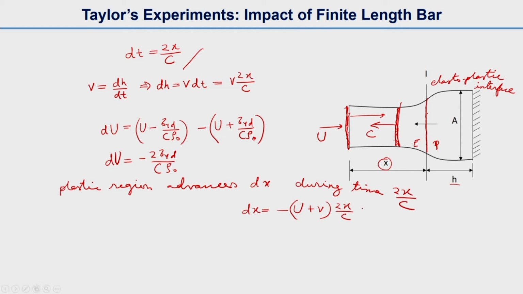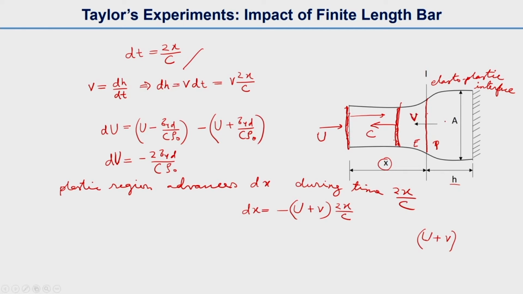How did we get this? We earlier discussed that mass goes from the left side of the boundary to the right side, that is, the virgin material goes inside the plastically deformed part, from conservation of mass. We showed that the mass in is u plus v, because the back surface is going at a velocity capital U and the plastic interface is coming at a velocity small v.